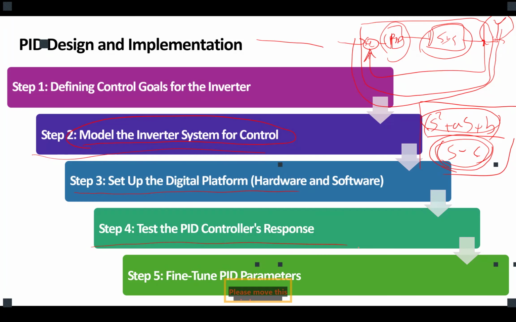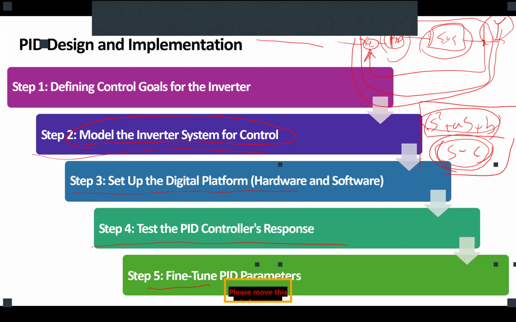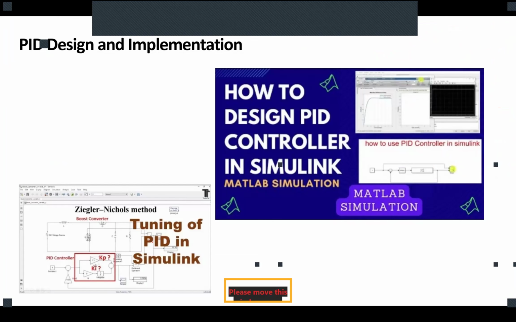Let's go back and play with KI. The system may not react as fast as we want, or it may react too fast based on our design. Let's go back and correct KP. Very good. Then we fine tune, and these steps repeat until you get to the point that you want.